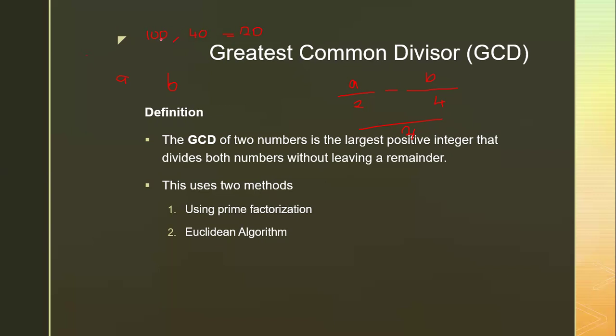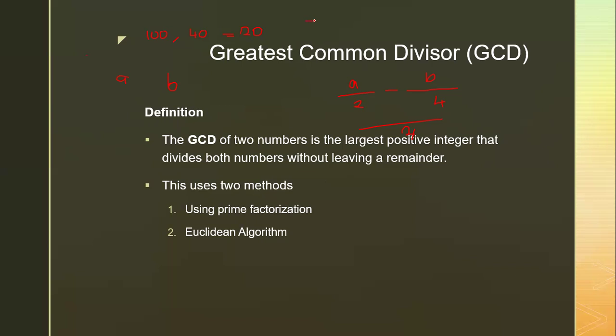20 can also enter into 100 without leaving a remainder as well, right? But then 2 can also enter into 40, 2 can also enter into 100, 5 can enter 40, 5 can enter 100, 4 can enter 40, 4 can enter 100 as well. What else? 10 can enter 40, 10 can enter 100 as well, right? But we're looking for the greatest common divisor, which is 20 between these two variables.